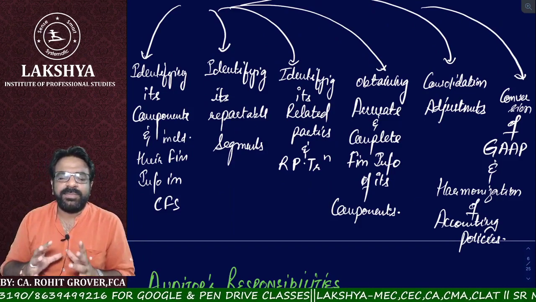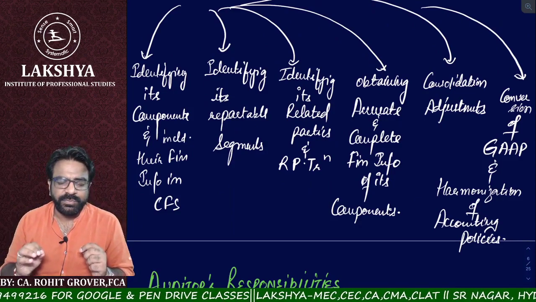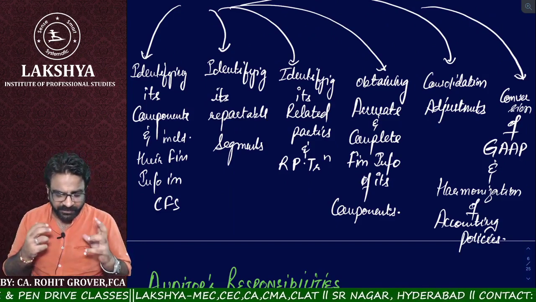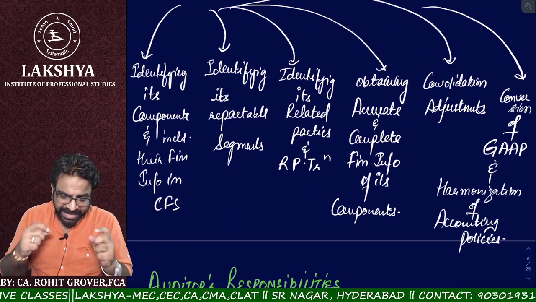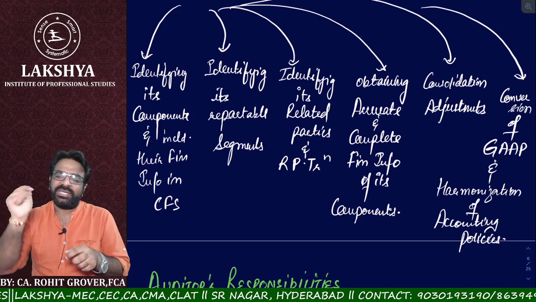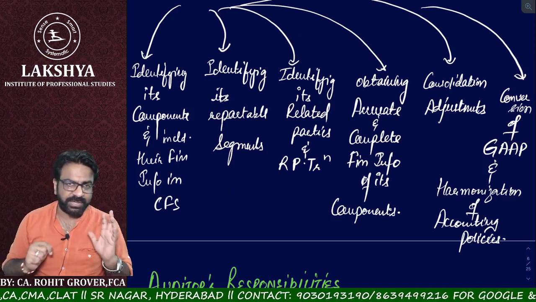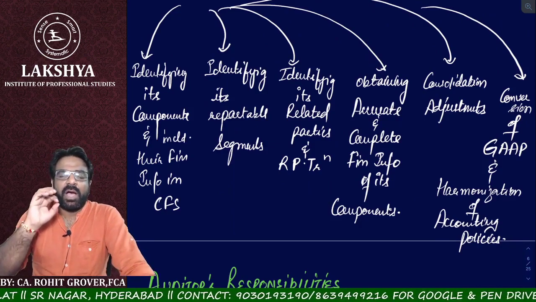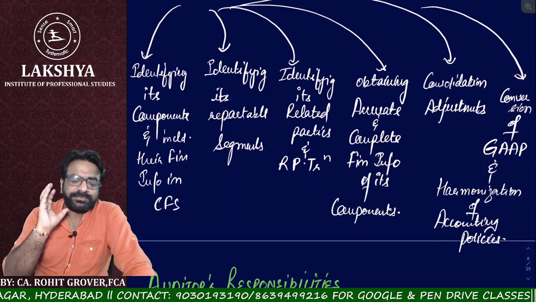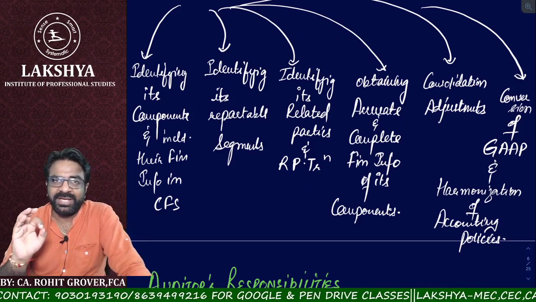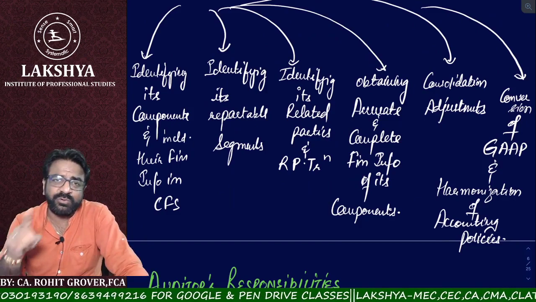It is the responsibility of a parent company to identify its components and include their financial information in the consolidated financial statements. So who is your subsidiary, who is your joint venture, who is your associate? It is not their responsibility to tell the parent.